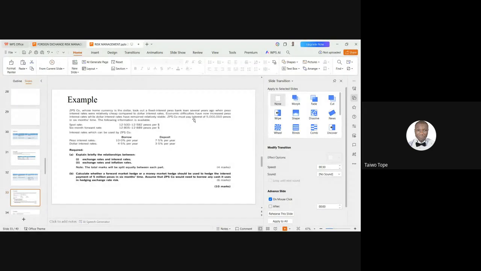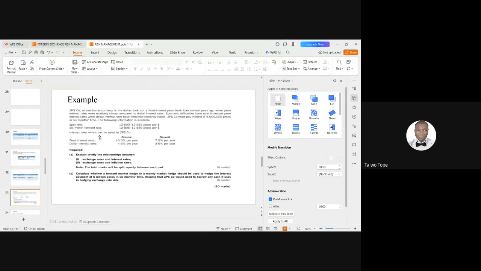ZPS Co must pay 5 million pesos in 6 months' time. The following information is available. Spot rate: 12.500 to 12.582 pesos per dollar. 6 month forward rate: 12.805 to 12.889 pesos per dollar. It means $1 is equal to these values of pesos.